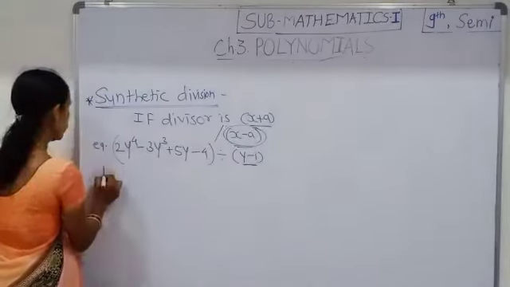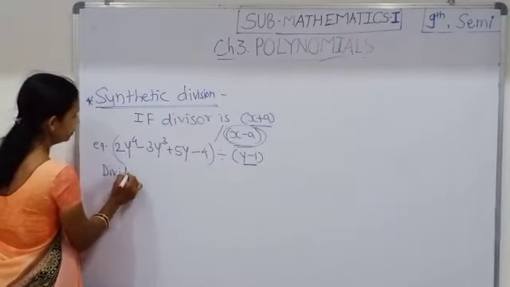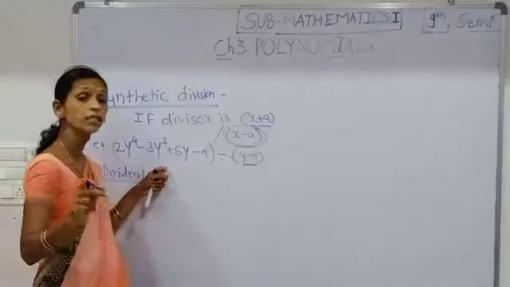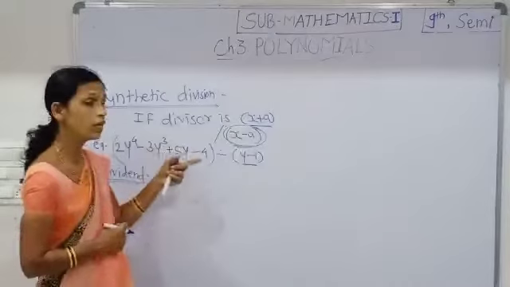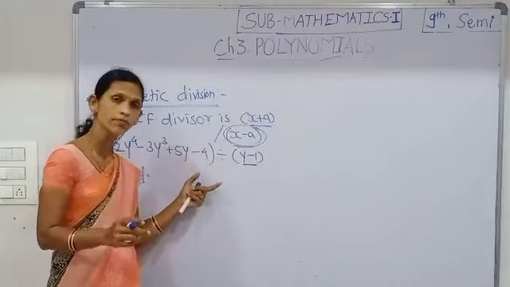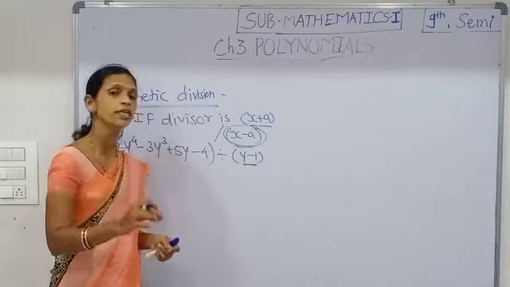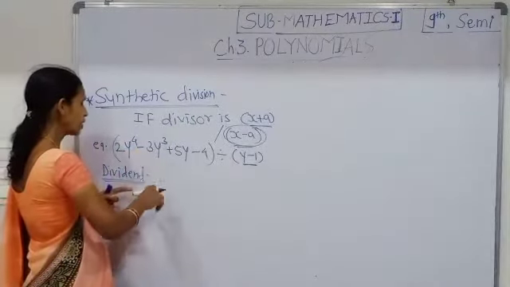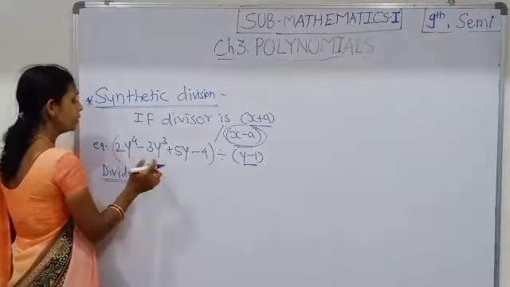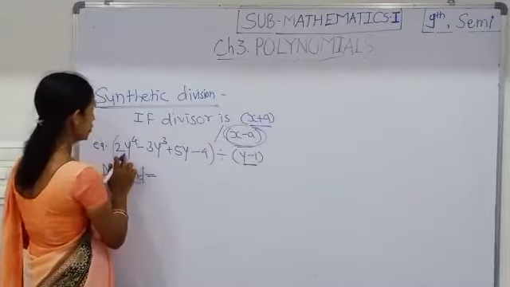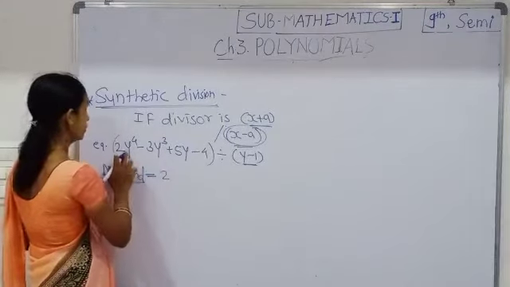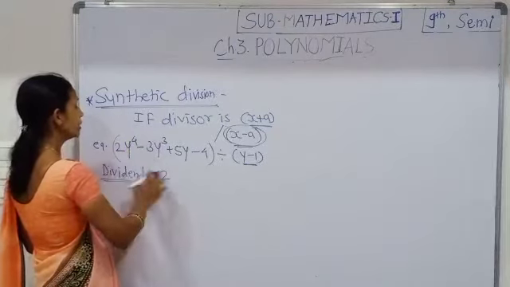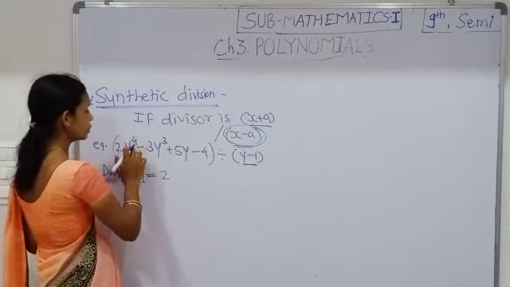First of all, we have to write the dividend in index form. While solving examples by the synthetic division method, we first write the dividend in index form. The highest degree of the variable y in this polynomial is 4.